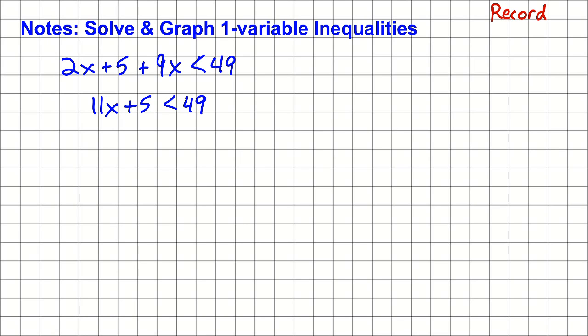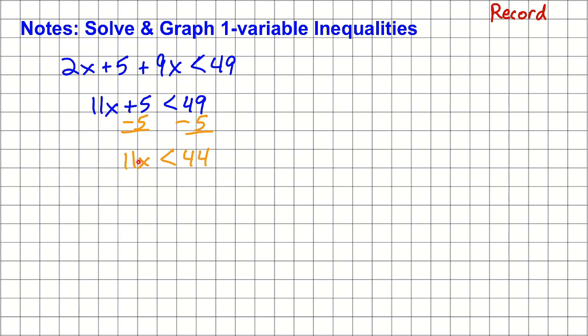So in order to do that, I need to undo this operation, adding 5. The inverse of adding is subtracting. So I subtract 5 from each side, and I get 11x. This makes a 0. So 11x is less than 44.